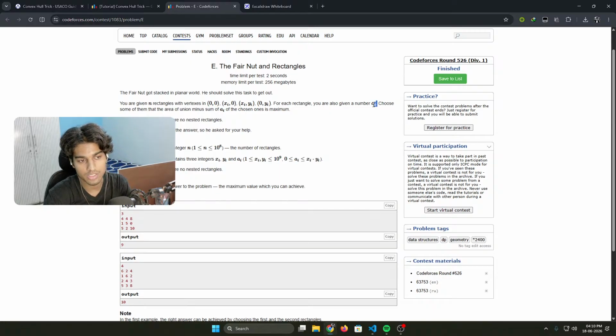This is just like a constant, sort of a cost that we need to reduce. So 0, 0, 4, 4. So we have like height and we have length and width.